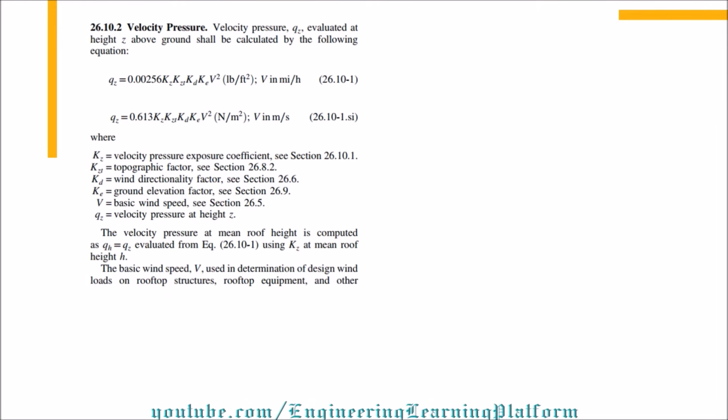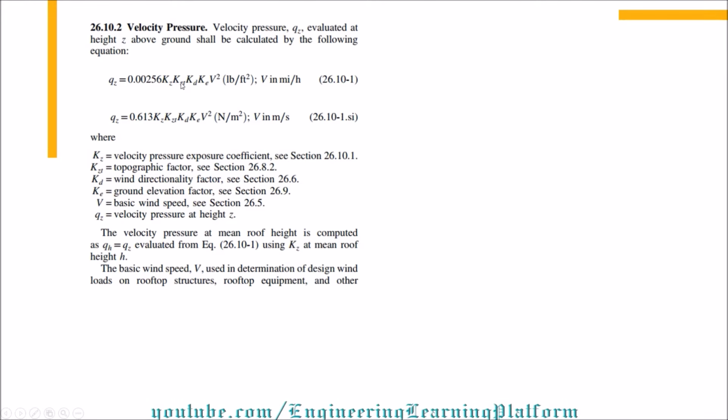So this is the formula that the code gave us for calculating the velocity pressure. See here, whatever parameters we have discussed so far are all mentioned there, and we will be using this formula because we have our speed in miles per hour. So KZ, I already told you, is the velocity pressure exposure coefficient.